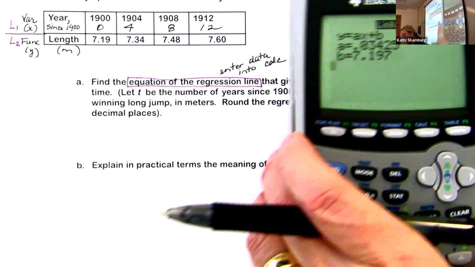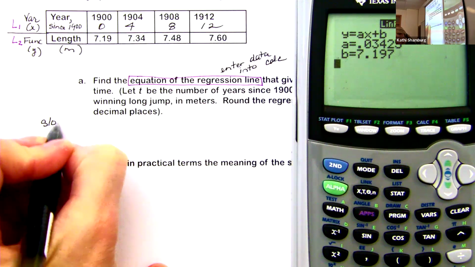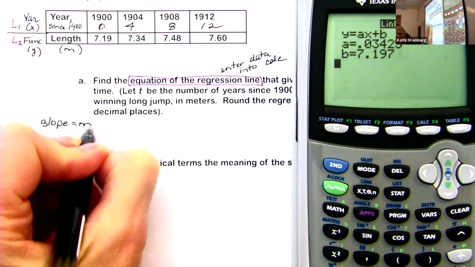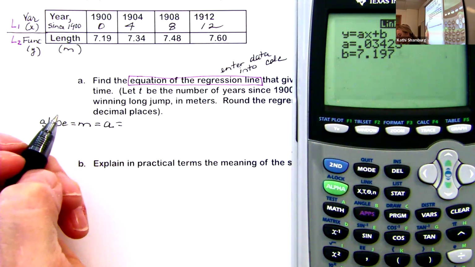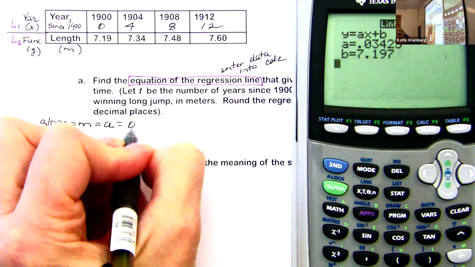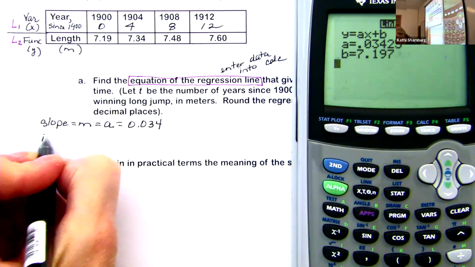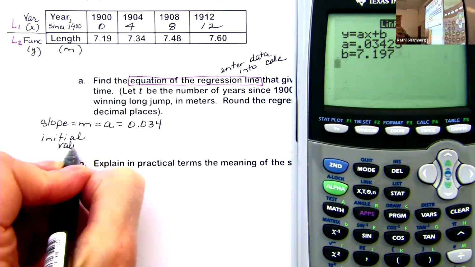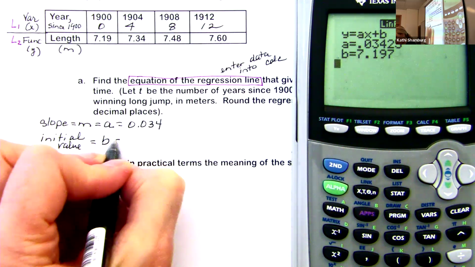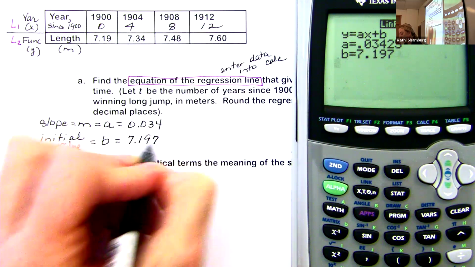Okay, so again, they give us the slope, which we call M, but the calculator calls A. I'm going to go 3 decimal places. 0.034. And then our initial value is B, which is also what the calculator calls it, 7.197.